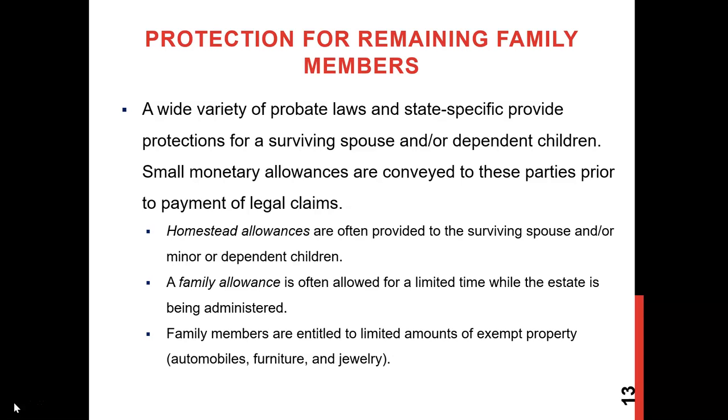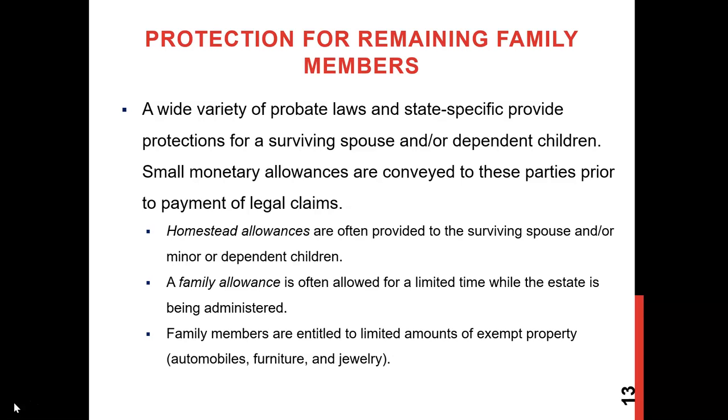In most cases, small monetary allowances are paid to these types of parties before paying any legal claims. A common example is a homestead allowance, or sometimes a family can also receive a small amount of family allowances.